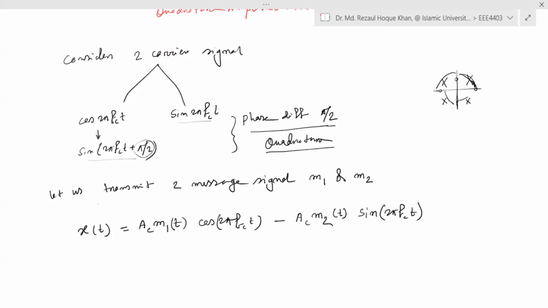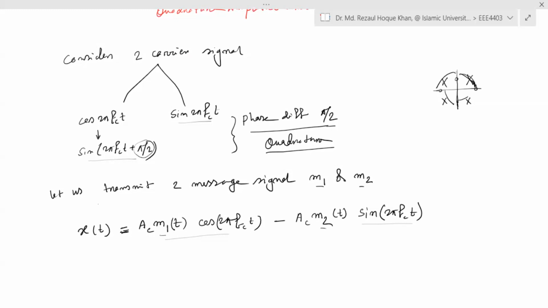So the two message signals M1 and M2 are transmitted by combining them. One message signal is modulated by one carrier, and the other by the other carrier. That is the idea.